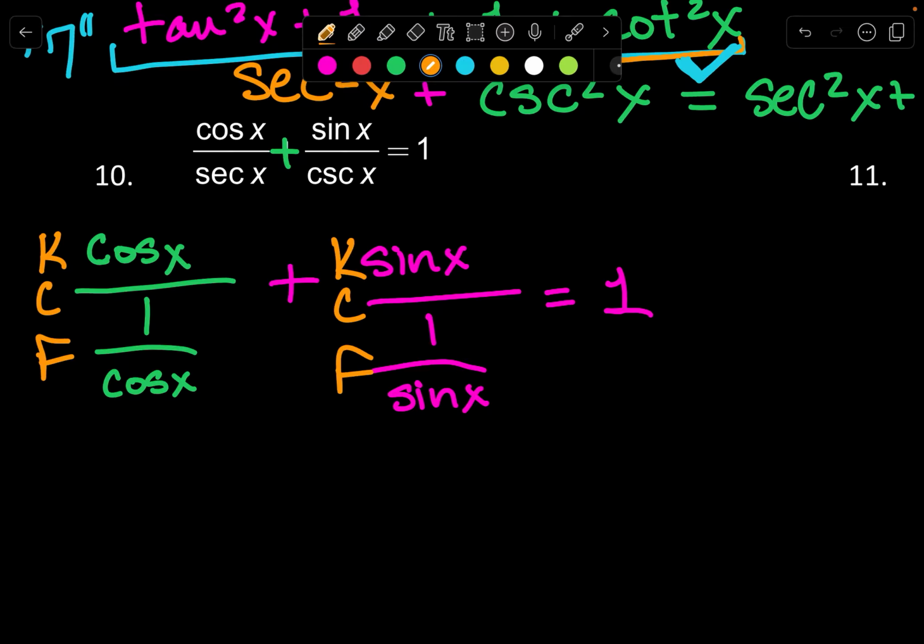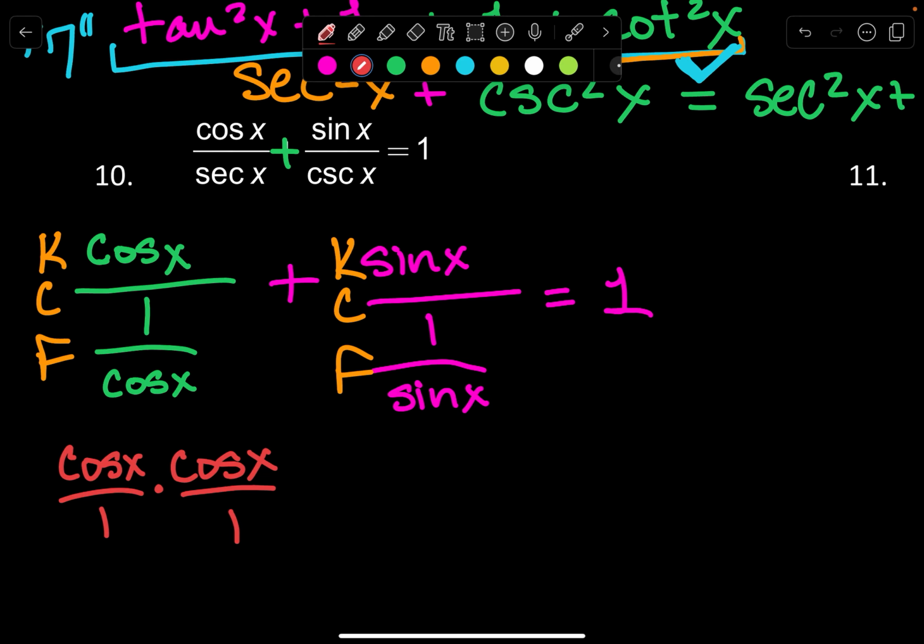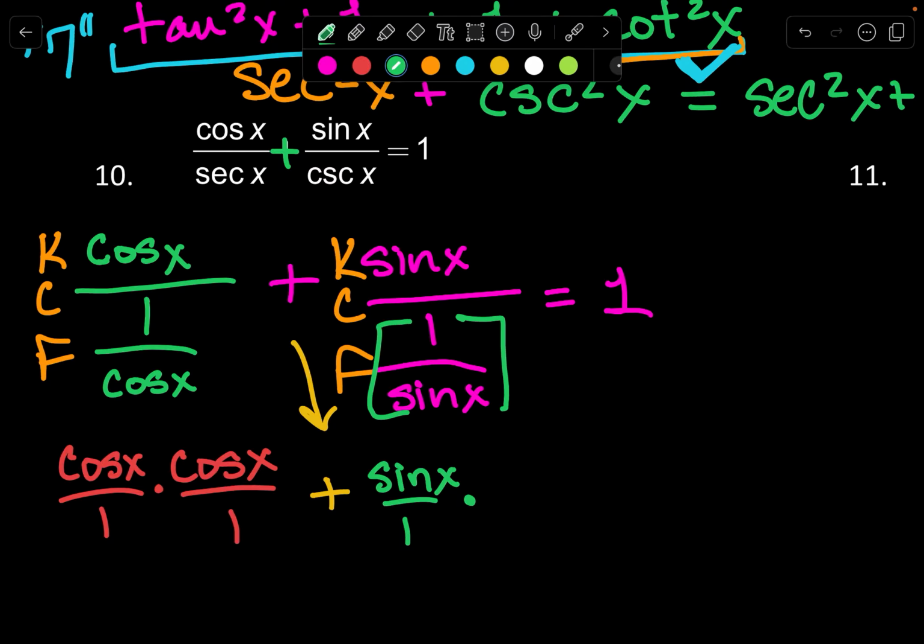What I end up with for this first one is cosine x over 1. That's my keep. Change to multiplication and flip my denominator. I'm still adding. I'm going to keep sine x and change to multiplication and flip this.